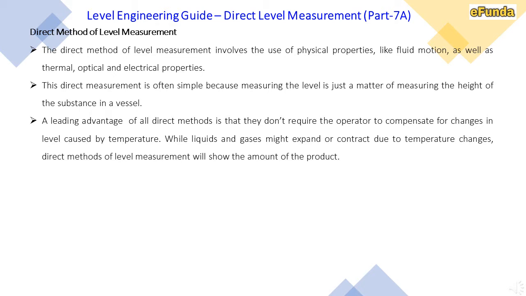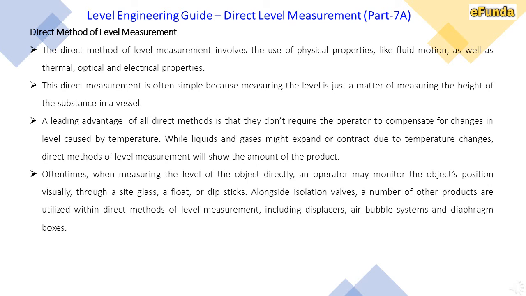The direct method of level measurement will show the amount of the product directly. Often, when measuring the level of the object directly, an operator may monitor the object's position visually through the side glasses, like a float or a dipstick.